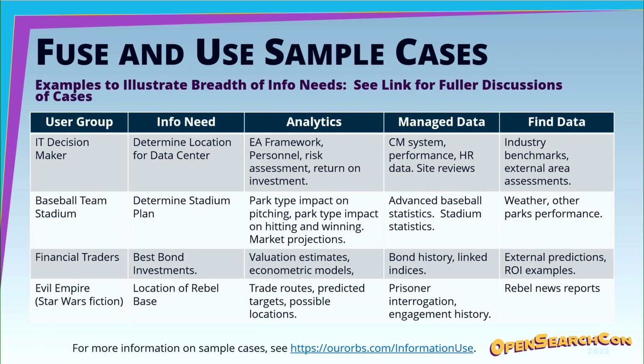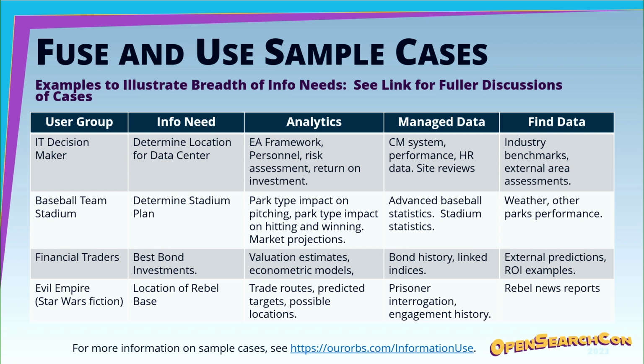All right, so then some of the sample cases that I would bring out, the types of workflows and why flexibility needs to stay at the heart of OpenSearch here. One is an IT decision maker looking at where to put a data center. These are some of the information needs that I have seen. You're going to look at your EA framework.